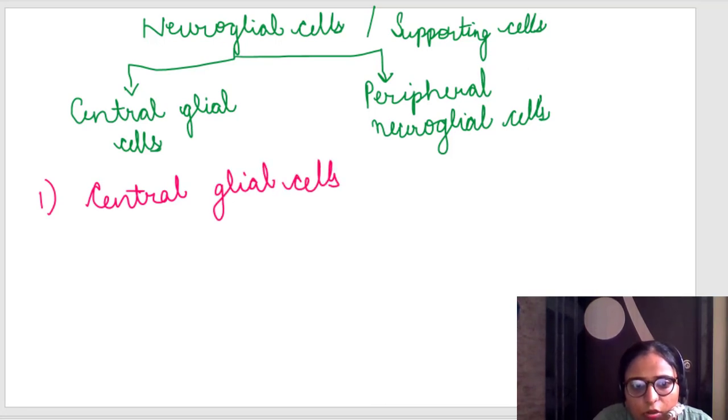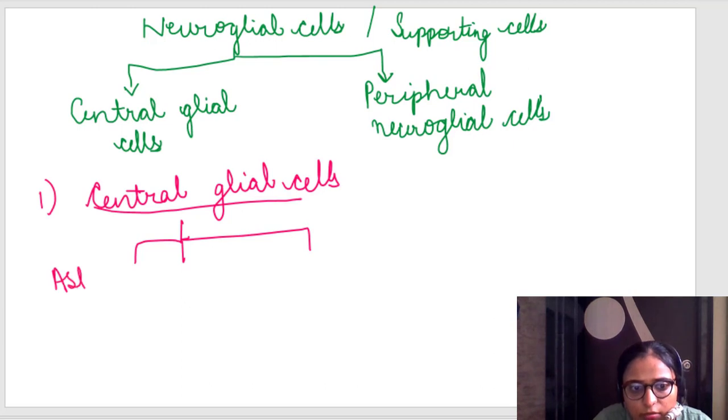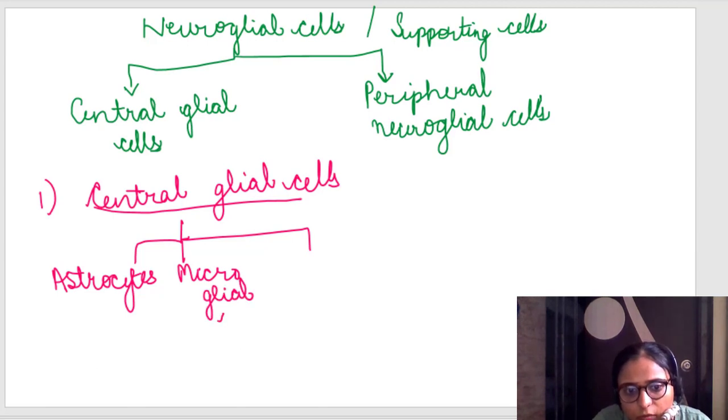Your central glial cells are further divided into three parts, right? That is your astrocytes, it's very simple, your microglial cells or microglia, whatever you say, and your oligodendrocytes.